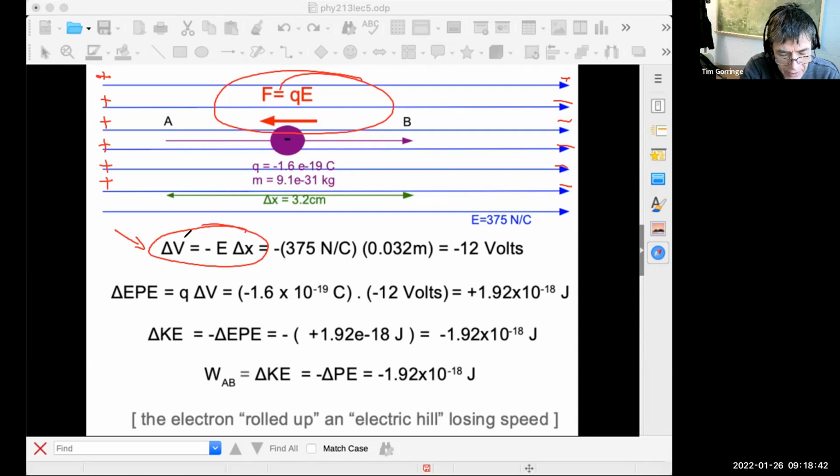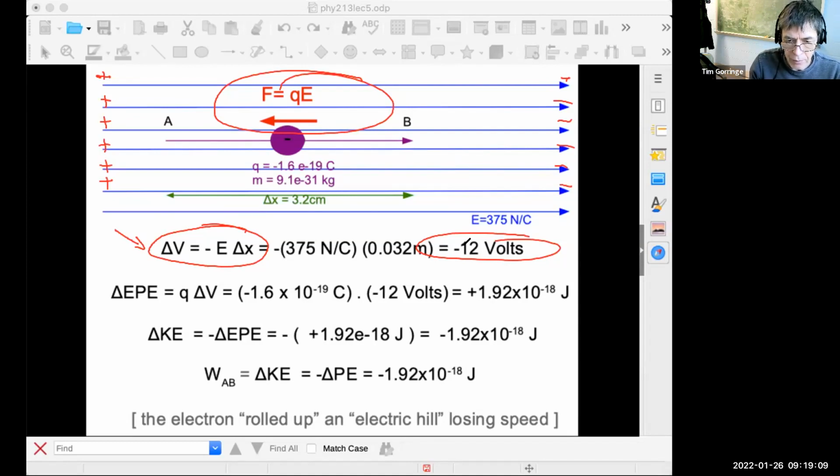Electric field is the negative slope of the electrical potential. And if you rearrange that equation, the change in potential is the negative of the electrical field strength times the displacement, the distance traveled. Plug those numbers in, I get 12 volts, minus 12 volts. Again, it's a decrease. We're moving away from the mountains towards the valley.